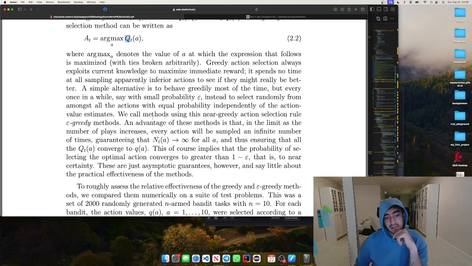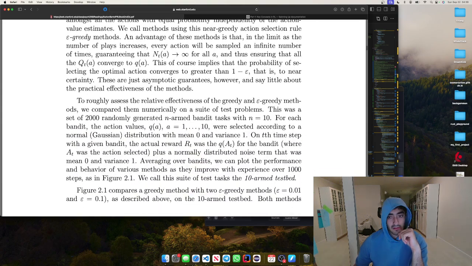To roughly assess the relative effectiveness of the greedy and epsilon-greedy methods, we compared them numerically on a suite of test problems. This was a set of 2,000 randomly generated n-armed bandit tasks with n equal to 10. For each bandit, the action values q*(a), a = 1 to 10, were selected according to a normal Gaussian distribution with mean 0 and variance 1.